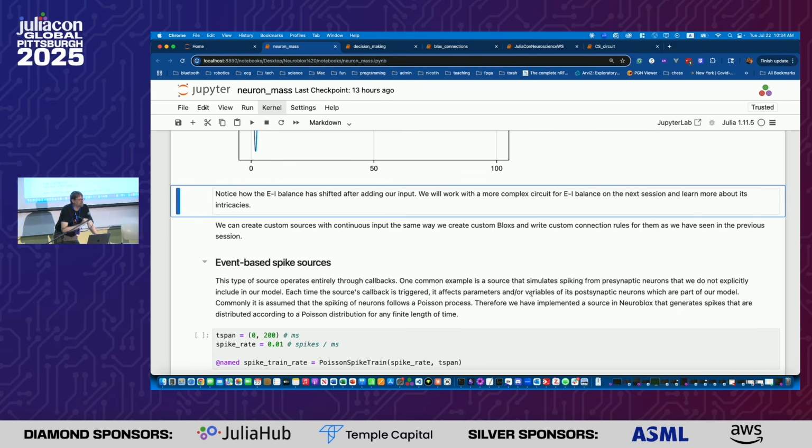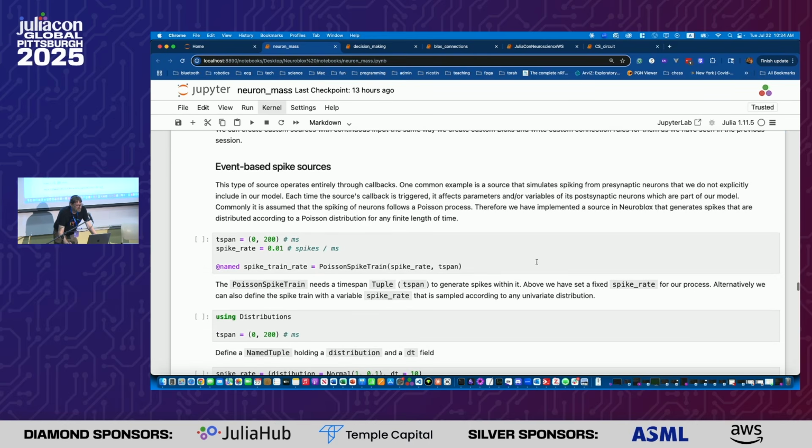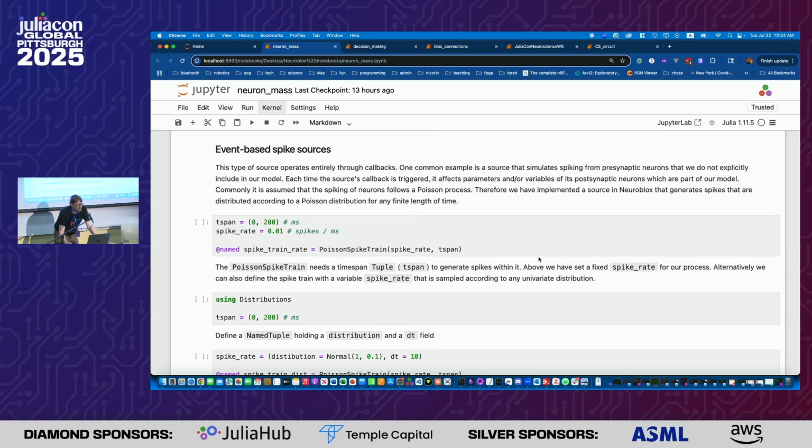So another thing that we implemented is event-based spike sources. Sometimes what you want to do is say that one brain region has a connection where you have essentially a Poissonian train of spikes. We have this often in a DBS model, for example.